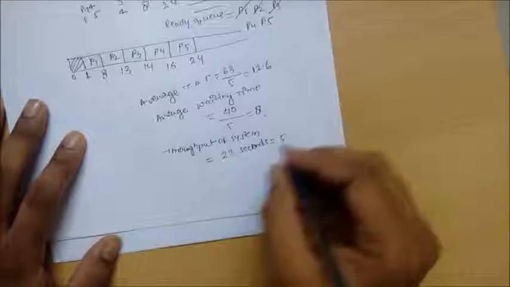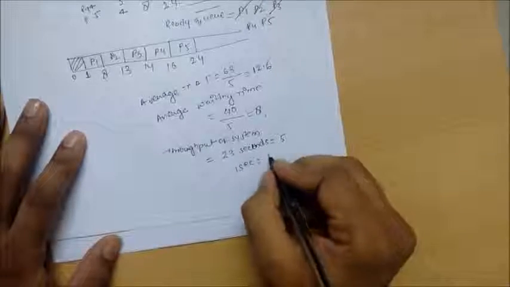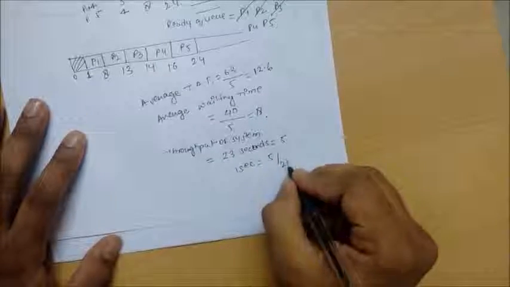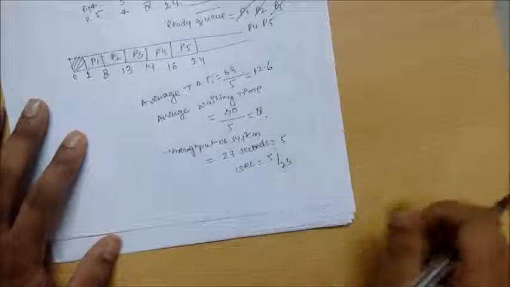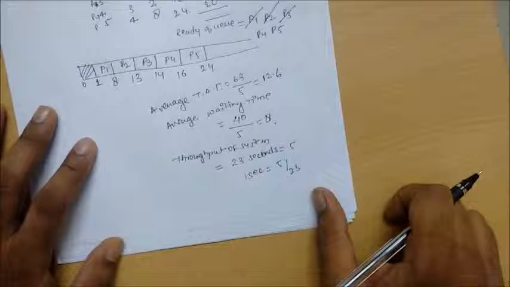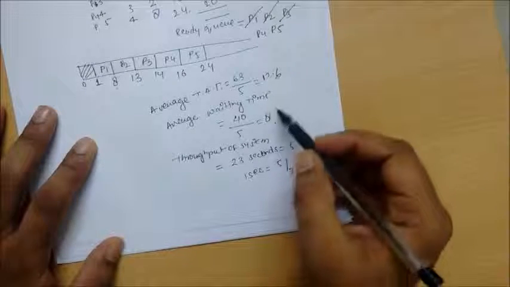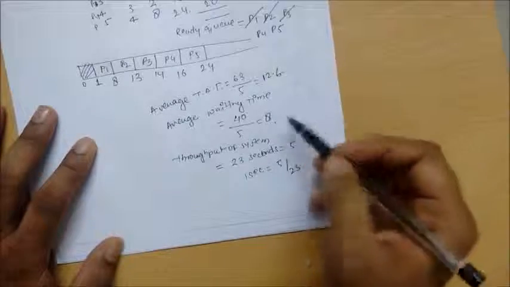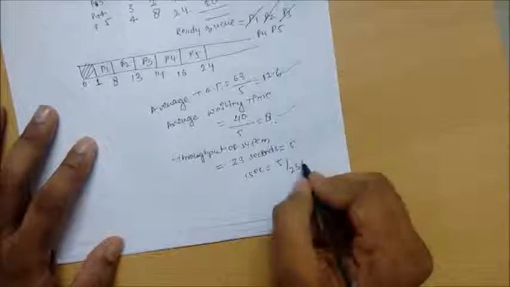So in 1 second it will complete 5 by 23. This is the throughput of the system, because throughput of a system is how many processes have been completed per unit of time. So this is the average turnaround time, average waiting time, and this is the throughput of the system.